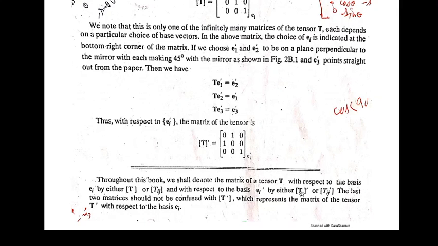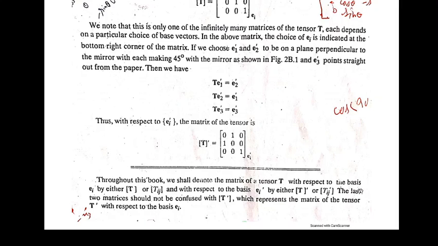Keep in mind, same tensor T. We shall denote the matrix of tensor T with respect to basis Ei in this way, and with respect to basis dash in this way.